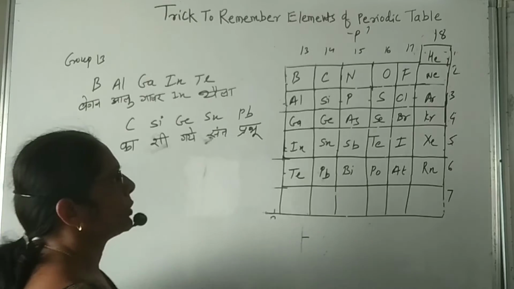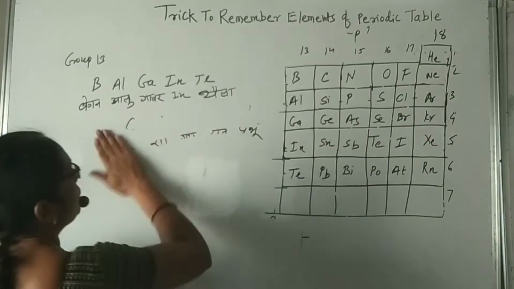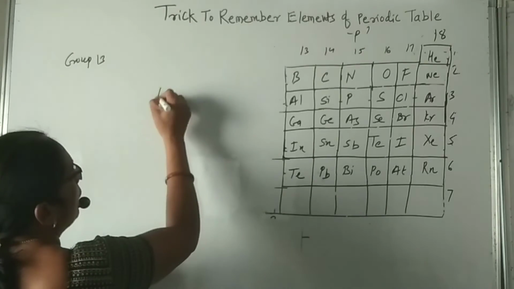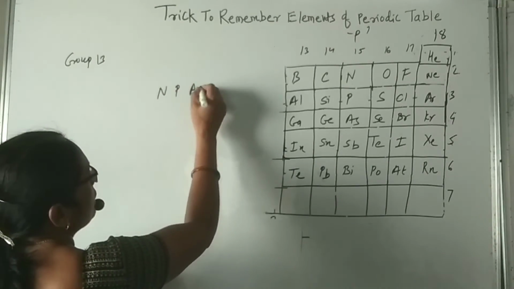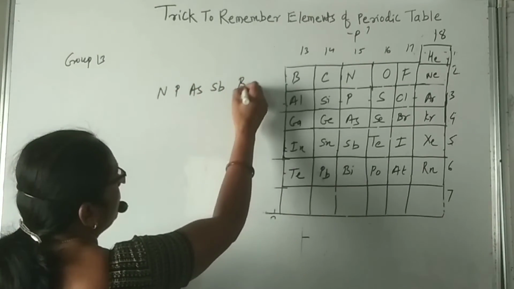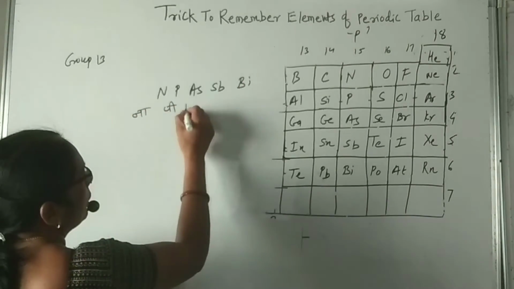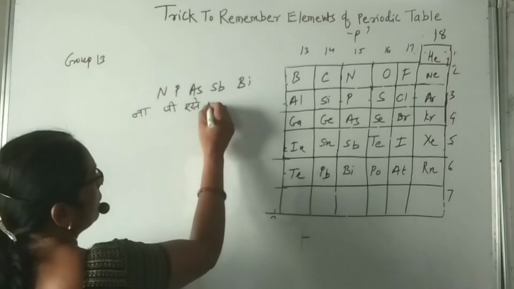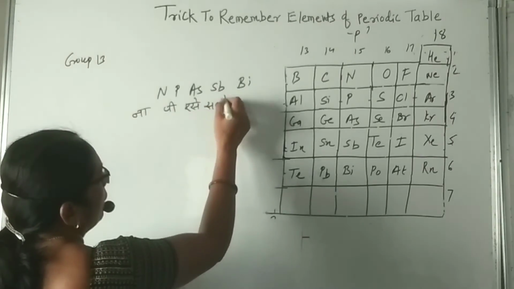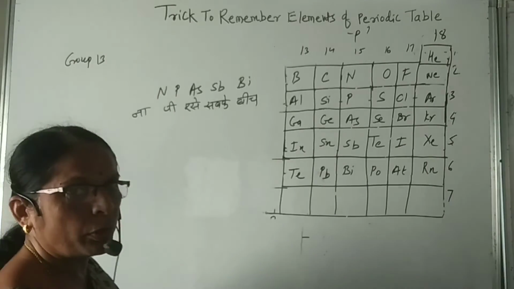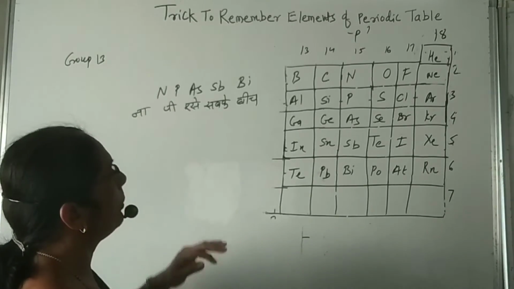Okay, next group 15 elements. How do you remember group 15 elements? Group 15 has nitrogen, phosphorus, arsenic, antimony and bismuth. Na P Aise Sabke Beech. If you remember this simple sentence, it's possible to remember them.